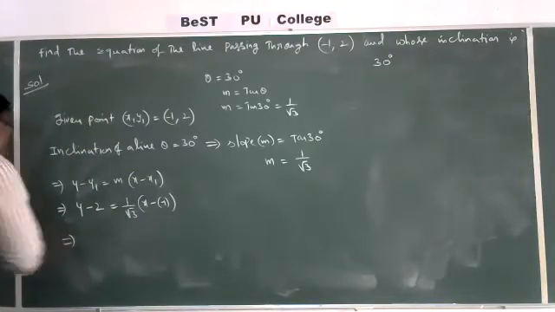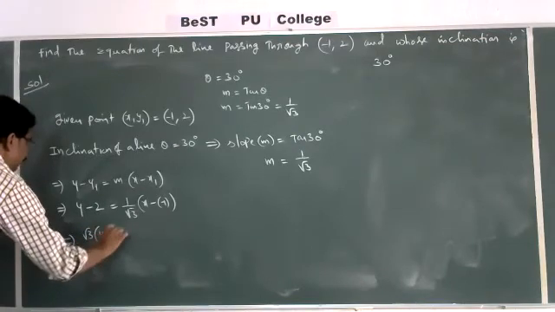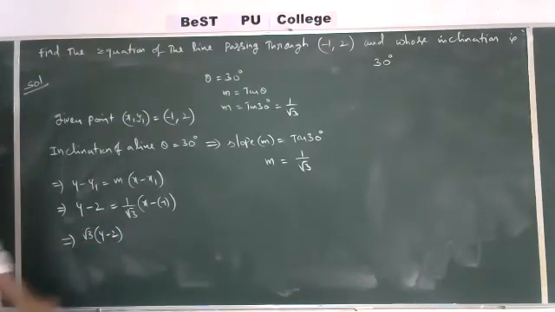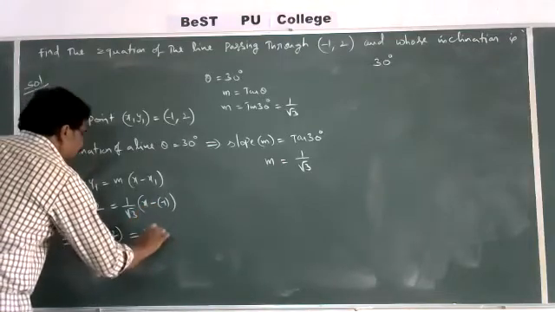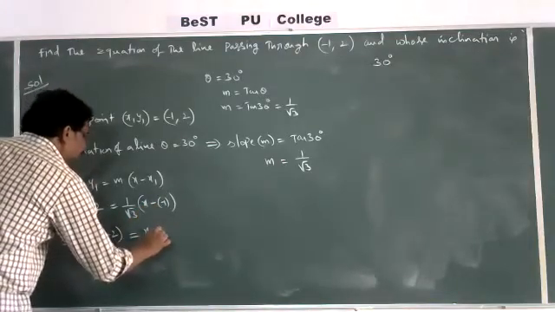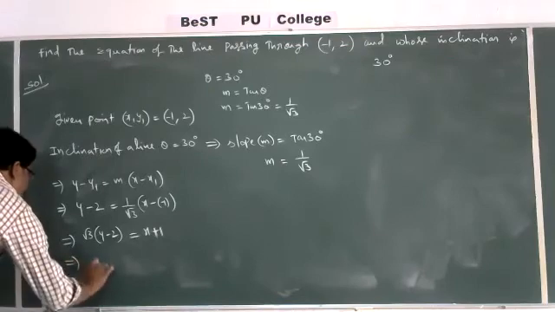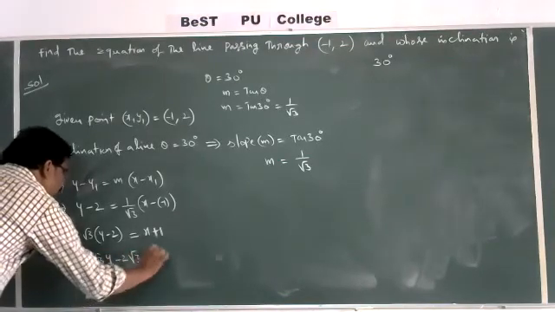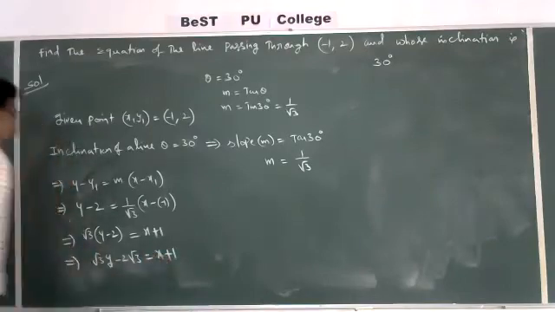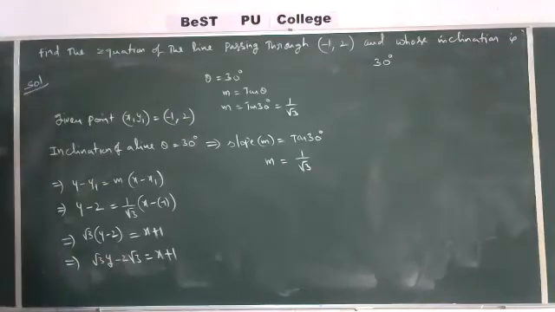So by cross multiplication, root 3 into (y minus 2). Here x minus of minus is plus, that is x plus 1. Root 3 y minus 2 root 3 is equal to x plus 1.